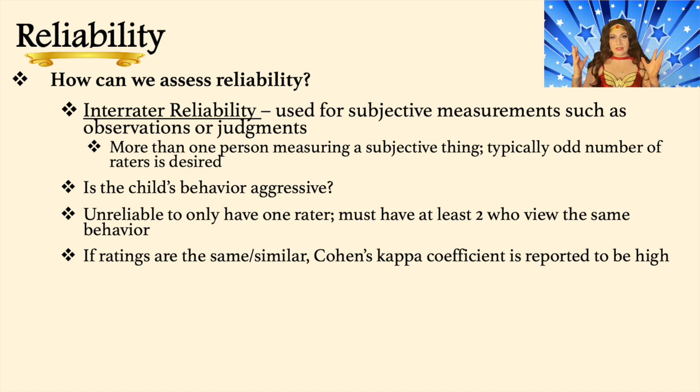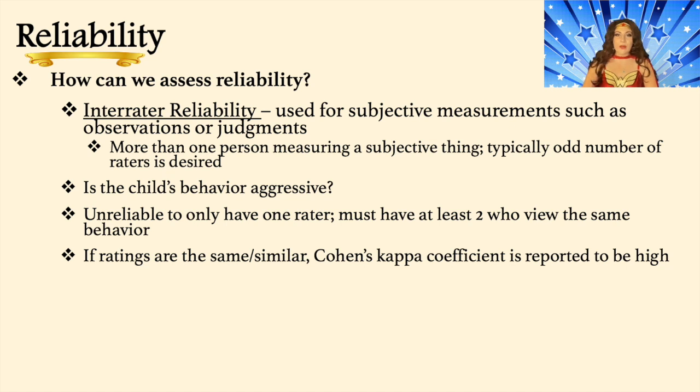So the more points accumulated in your observations, the more aggressive the behavior is considered. That would be an excellent way to make sure that all of the raters are on the same page as far as identifying what is aggressive and what is not aggressive.